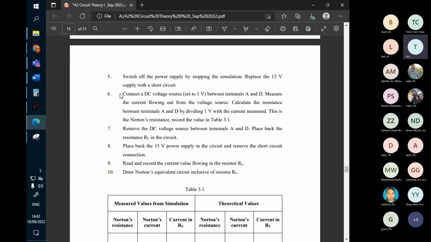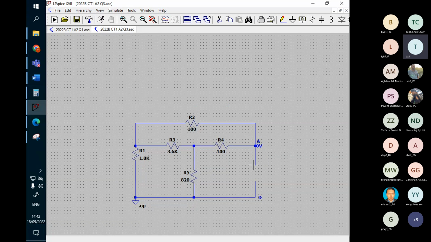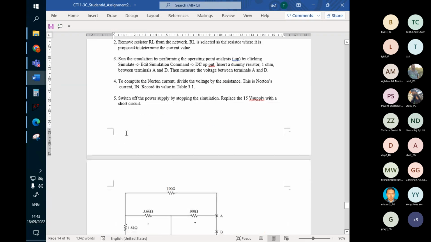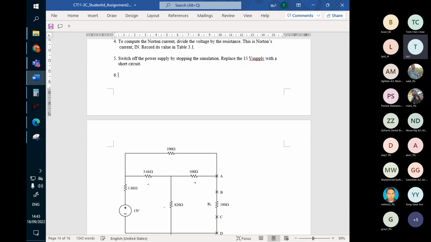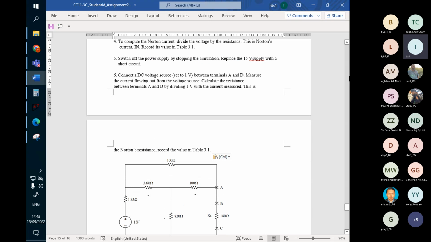So I think we're using the same trick, the 1 ohm or 1 volt, whatever dummy component, so that we can apply our Ohm's law to find the resistance. So this will be step number 6. Okay, let's get the instruction in first. Let's get the instruction here. Then we start to worry about the circuit.